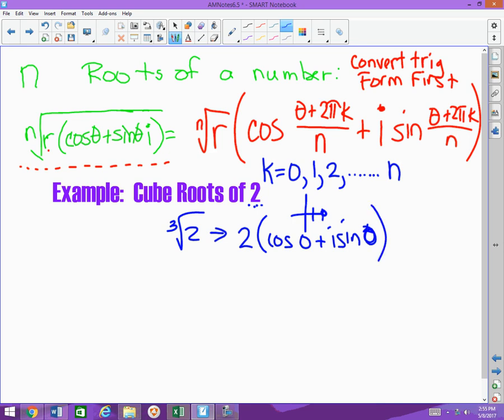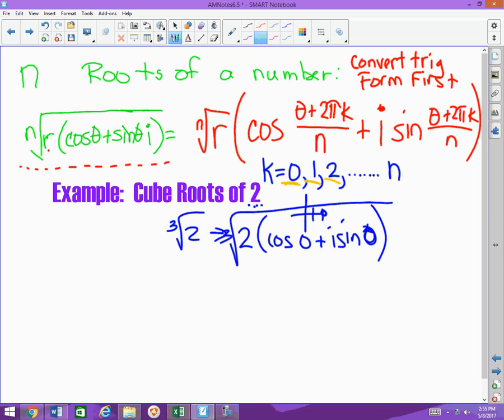In degrees or radians, it doesn't matter. So now if we're going to take the cube root of this thing, there's 3 answers for it because it's cube root. So we are going to be using values of 0, 1, and 2 for k.